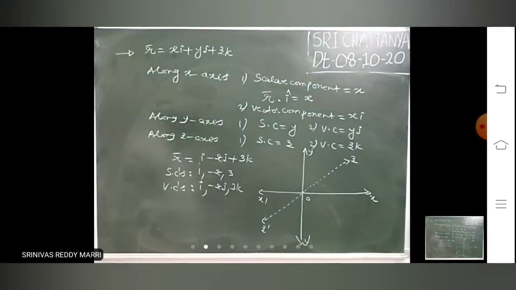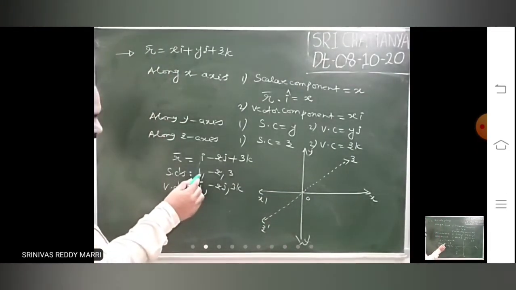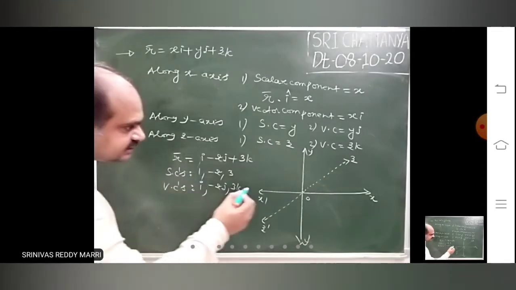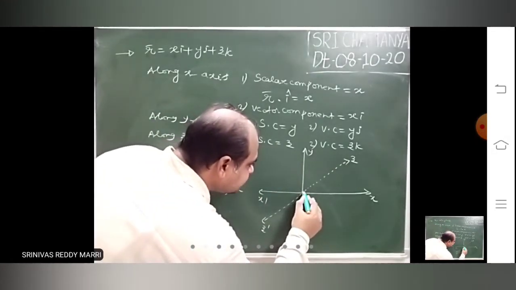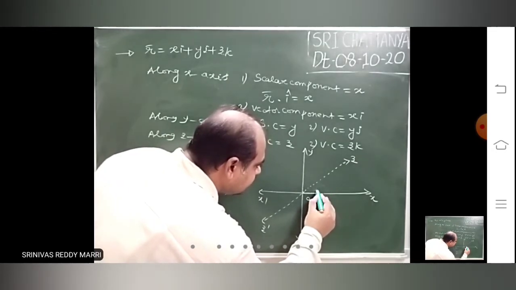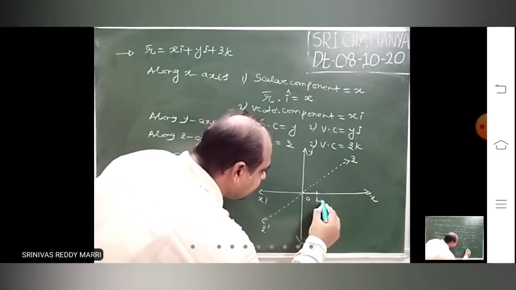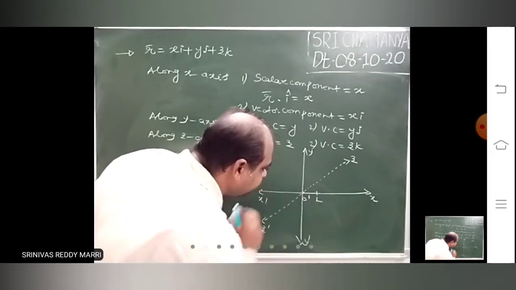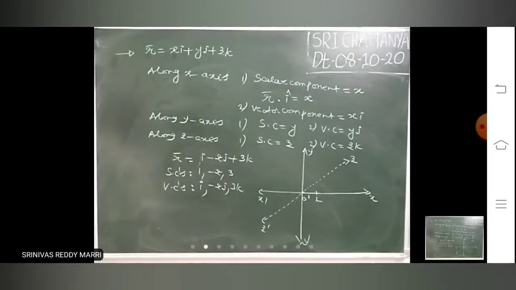Now look at this vector. It is 1 unit towards the x-axis. Positive means from the origin displace 1 unit towards the positive x-axis. Let us say L, a 1 unit displacement from the origin.